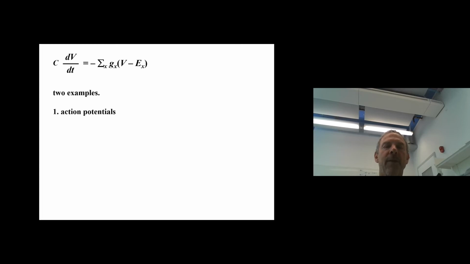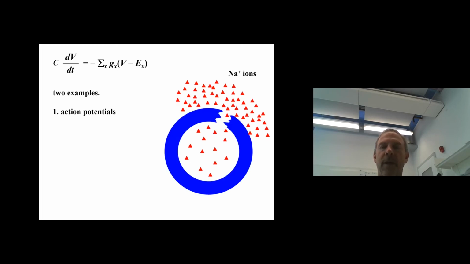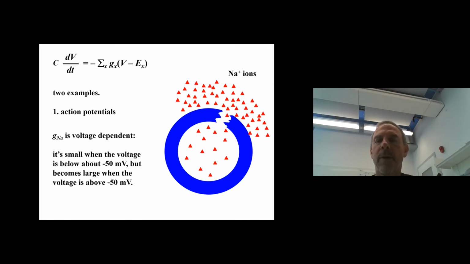I'm going to give you two examples, action potentials, which is something like this. So it turns out there's a lot more sodium on the outside of a cell than the inside. And the sodium conductance is voltage dependent. Okay, so when the voltage is low, the sodium conductance is low and not much happens. Okay, the sodium kind of trickles in, the pumps push it out.